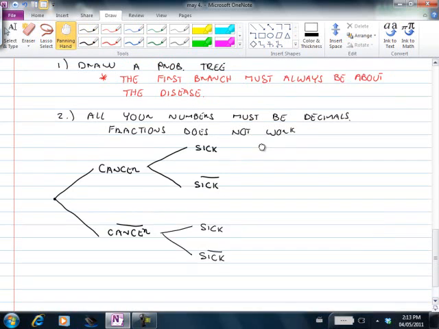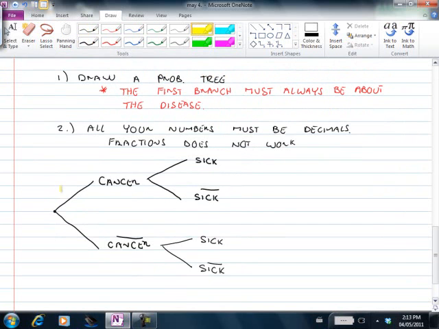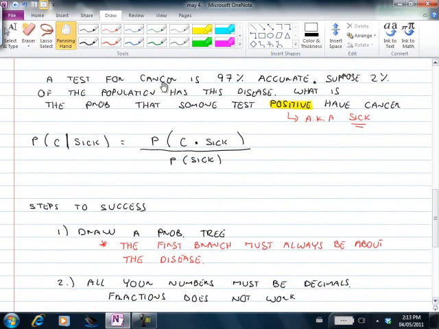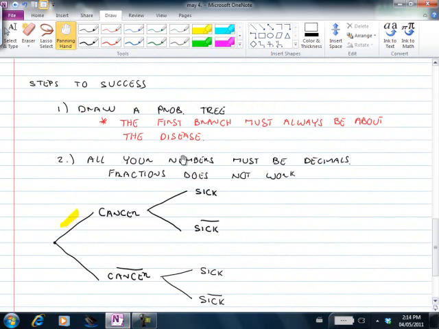Now, here's what we're going to do. We're going to fill this in. I mentioned to you from the beginning that 2% of the population have the disease. Your job is to figure out what number goes here.